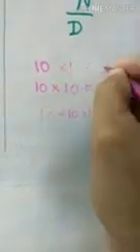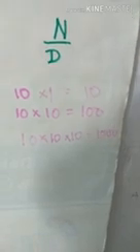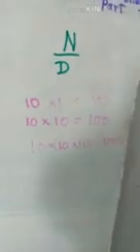And 10 into 1 is equal to 10. So 10, 100, 1000, all these are the powers of 10, and here in decimals these powers of 10 are very important because the denominators of decimals are always powers of 10.